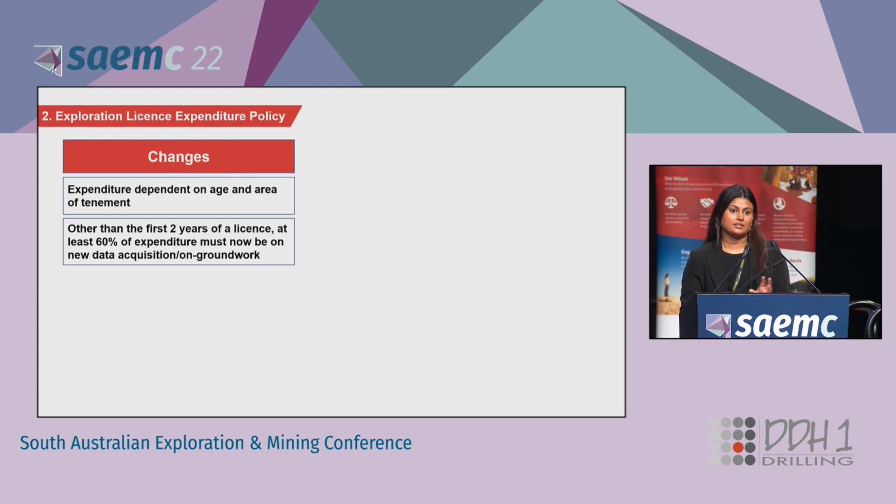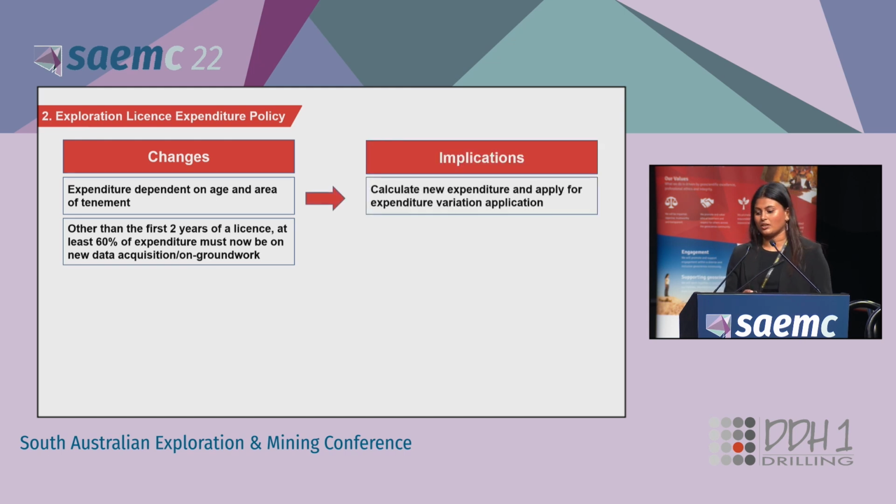If your exploration license is in the first 2 years, then this doesn't apply, but for all other exploration licenses, 60% of your expenditure should now have to be new data acquisition or on-ground work. This can include anything from landholder negotiations on ground, field work, data collection, and analysis.